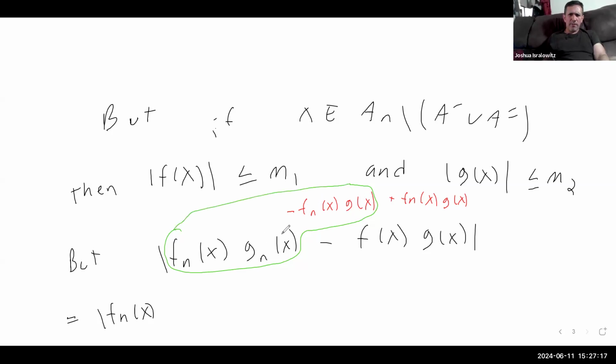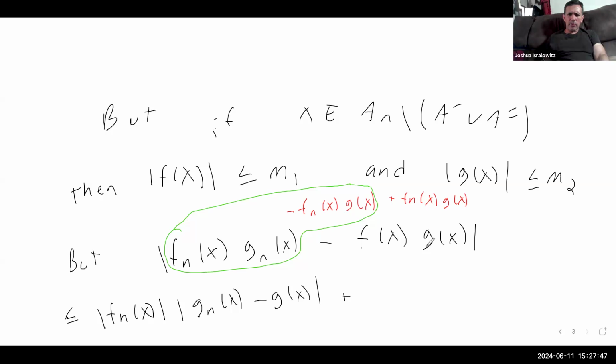So here I factor out an Fn. And that might be a little worrisome because we don't know that Fn is actually bounded. That's okay. Less than or equal to this.